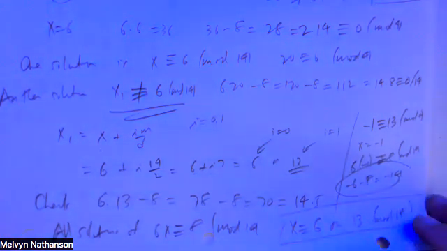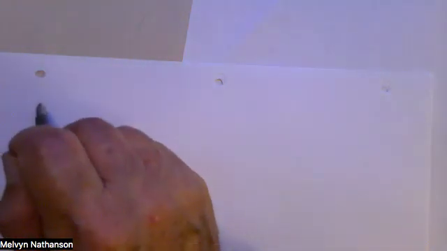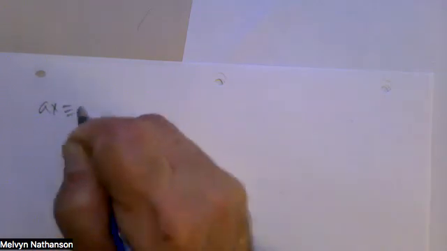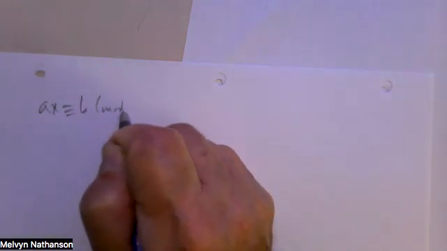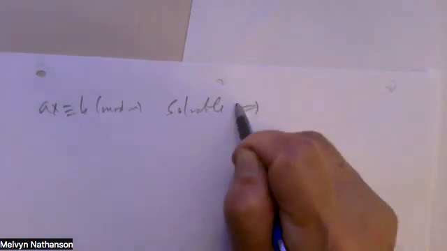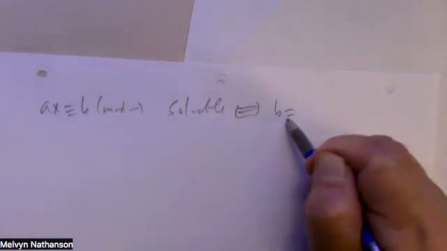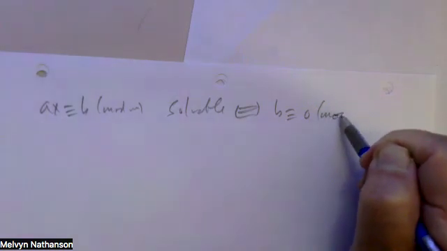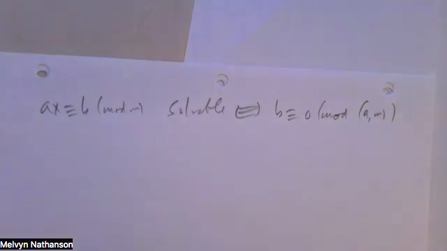So again, the most important part of this proof is that ax congruent to b mod m is solvable if and only if b is congruent to 0 modulo the greatest common divisor of a and m.